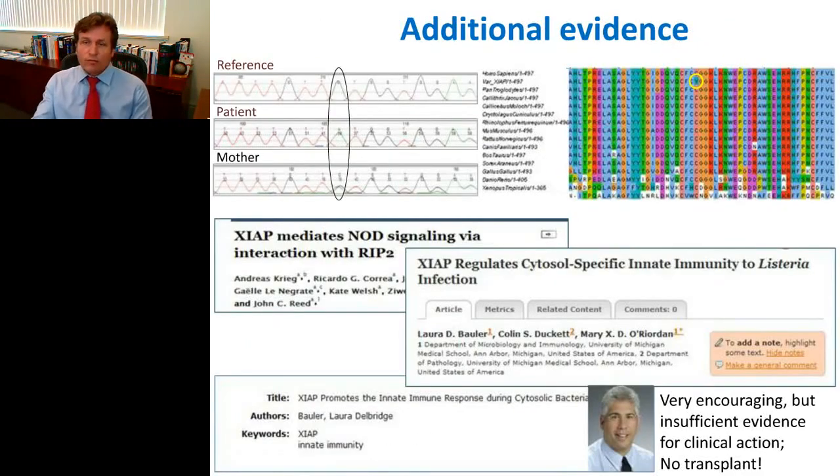Well, we move forward by looking at a bunch of different bits of evidence. We could show that it was in his mom, and since it's on the X chromosome, it kind of made sense for Nick. We went and looked into the evolutionary conservation. So if you look at that little box on the upper right-hand side with all the colors, there's a whole bunch of different species there, and you can see that here's the amino acid sequence.